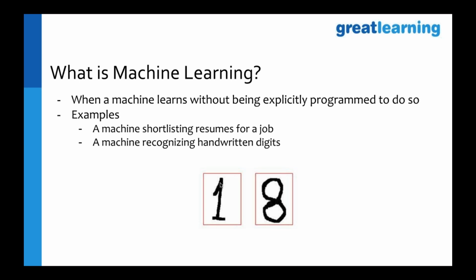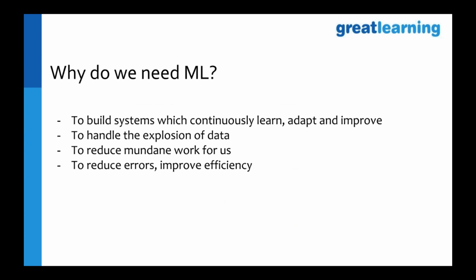Whereas here, without explicit programming, we are telling the machine: this is the data I have historically, and I have the classification already in place that these are 1s, these are not 1s. Go learn from it. And when I give you more digits, tell me which of those are 1s and which are not 1s. I hope that gives you a high-level understanding of what machine learning is.